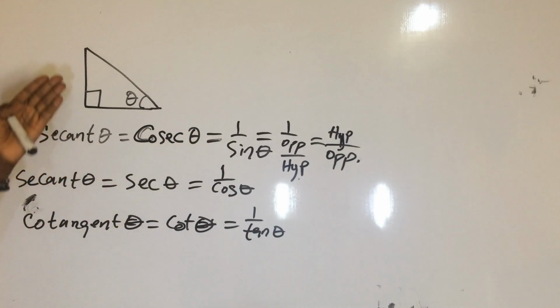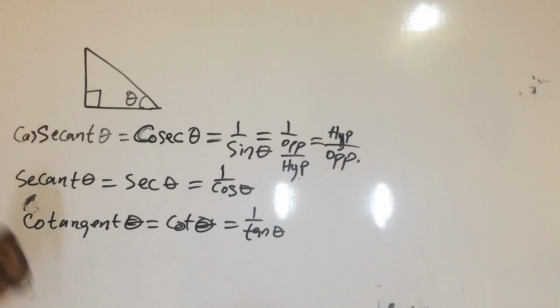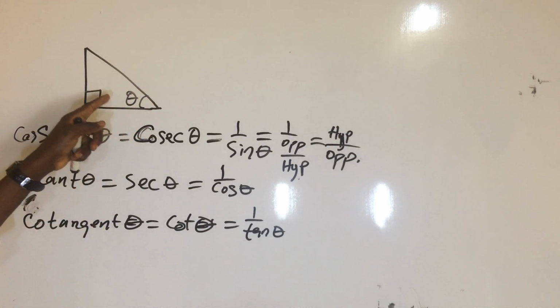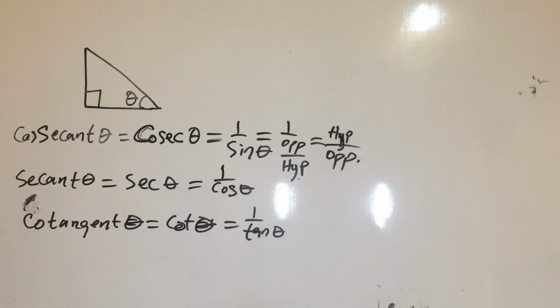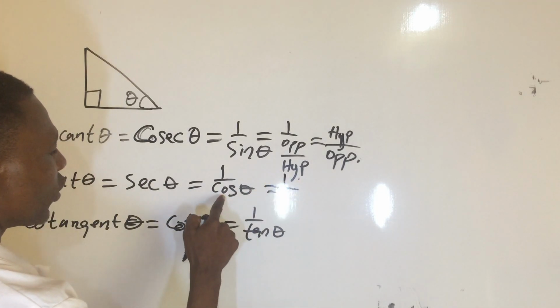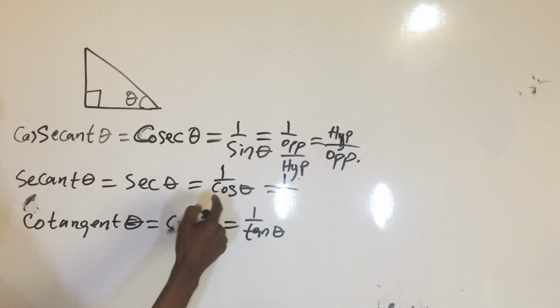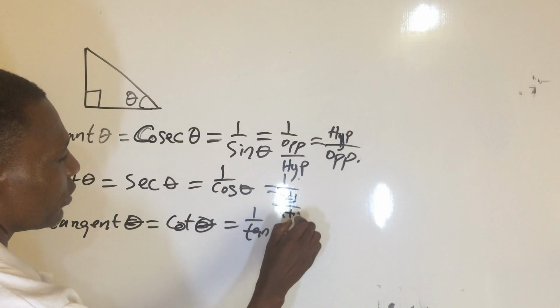So you can get it from the triangle when you are considering this angle: here is the hypotenuse, here is the opposite of the angle we are talking about, then here is the side adjacent to the angle. The same thing with this one. Remember that this will also be cos theta, meaning adjacent over hypotenuse.